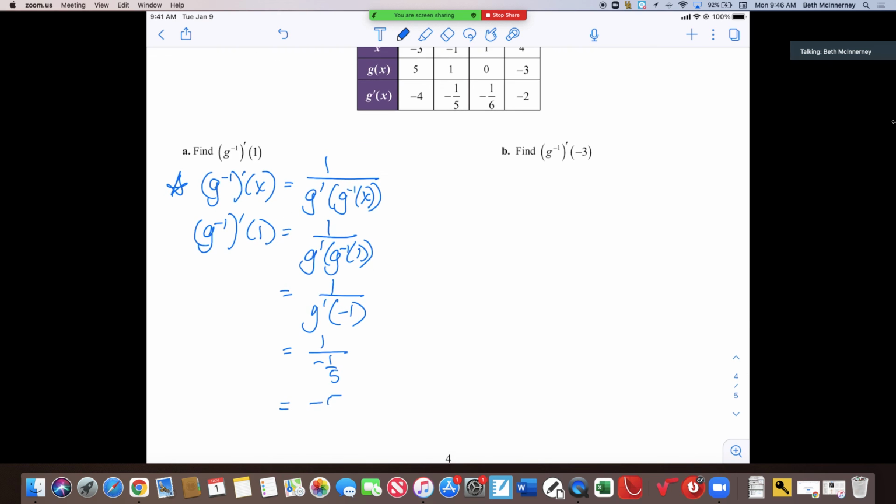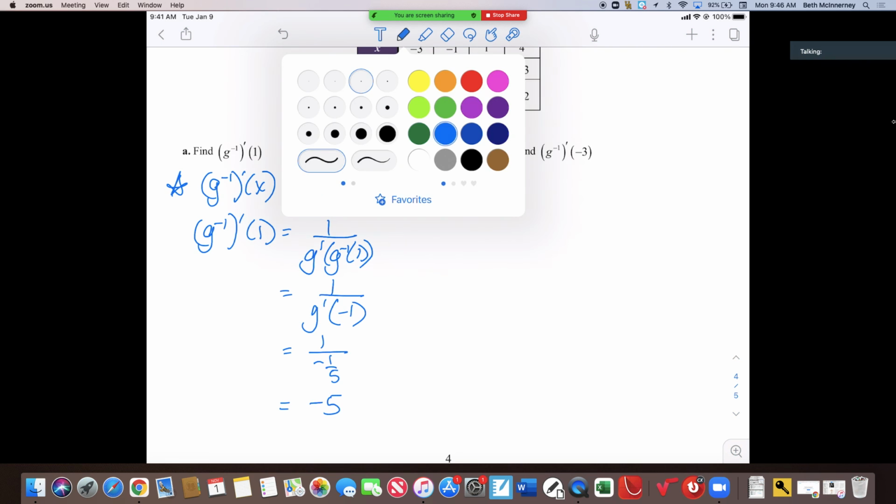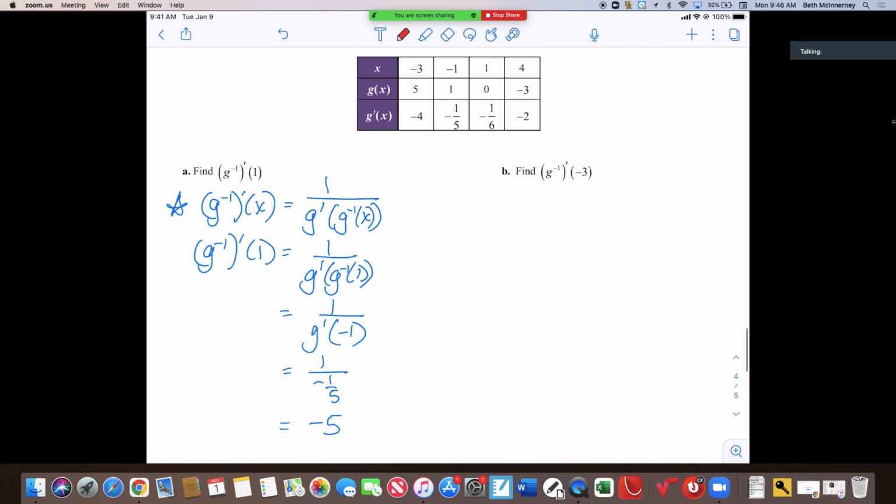Dividing by a fraction is the same as multiplying by the reciprocal. All right, letter B, I got negative 1/2 as my final answer.